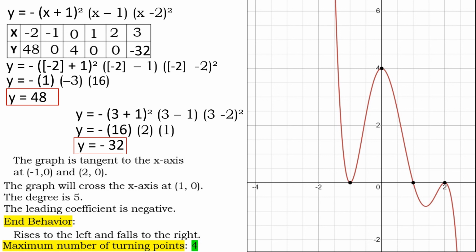The leading coefficient is negative. So, the end behavior, the graph rises to the left and falls to the right. So, tama, no? Then, the maximum number of turning points, kasi 5 minus 1, 4. So, tingnan nyo, bilangin nyo yung turning points, 1, 2, 3, 4. Okay. So, our graph is correct.